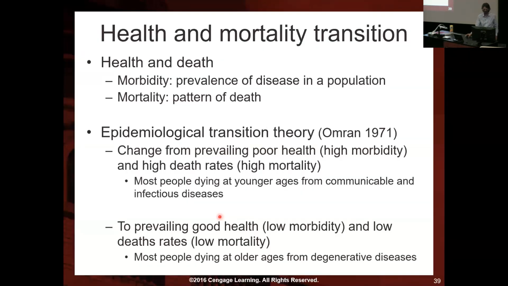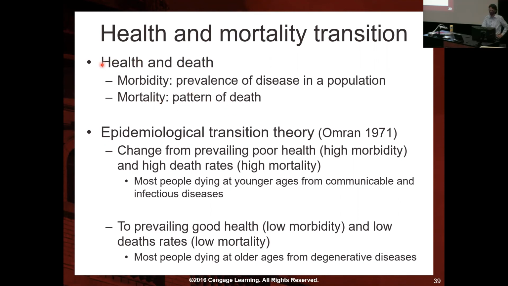In terms of mortality, he starts by saying, whenever we're talking about mortality transition, mortality decline, we have to also talk about health. Because whenever you're talking about mortality, it's not just about the pattern of death.